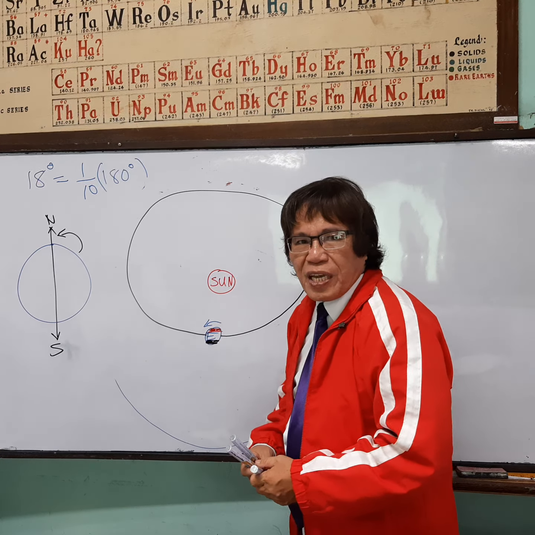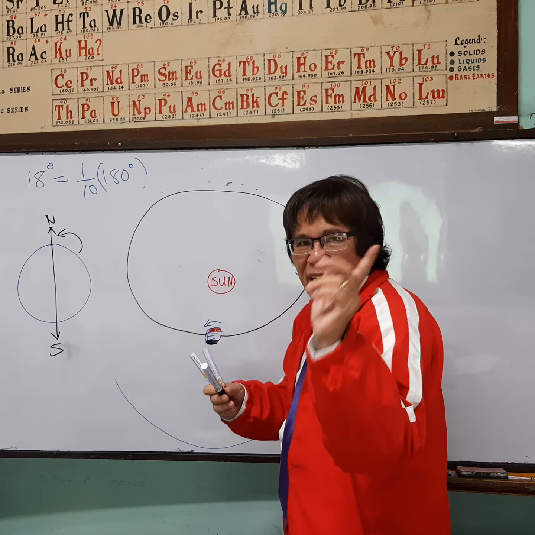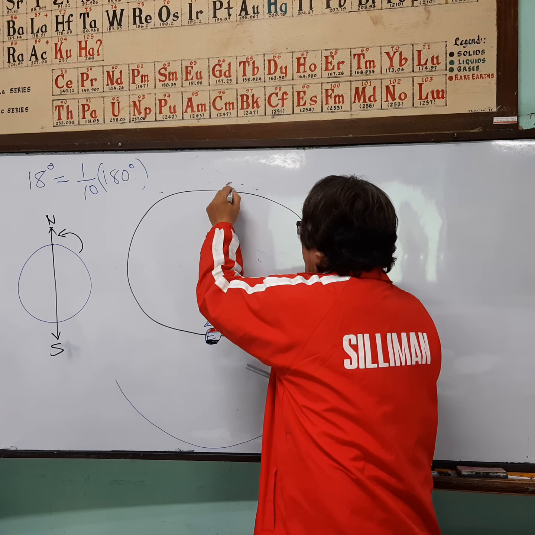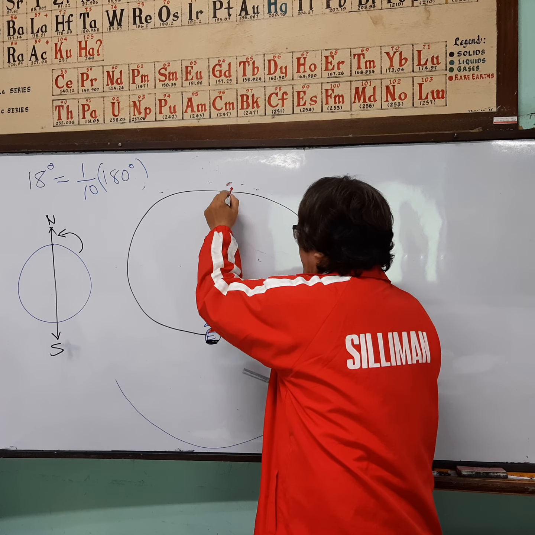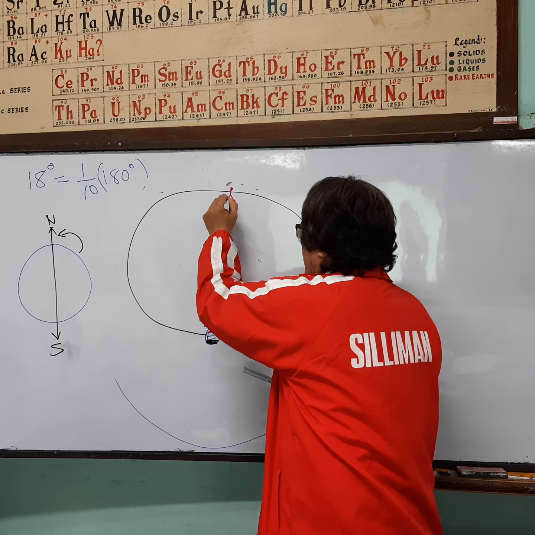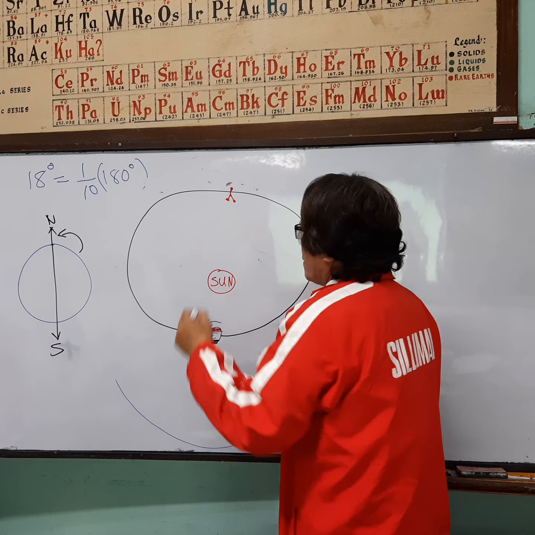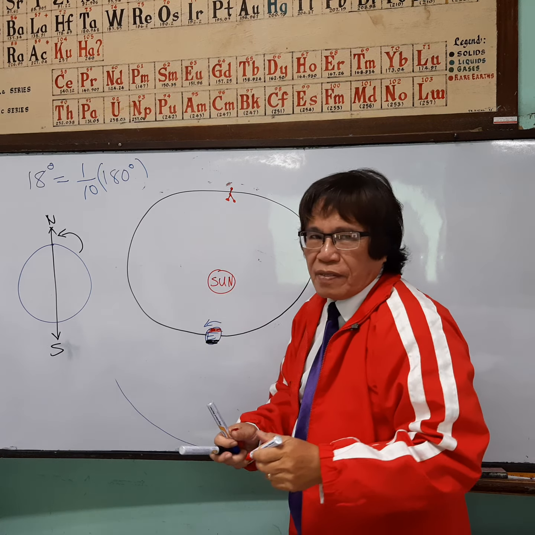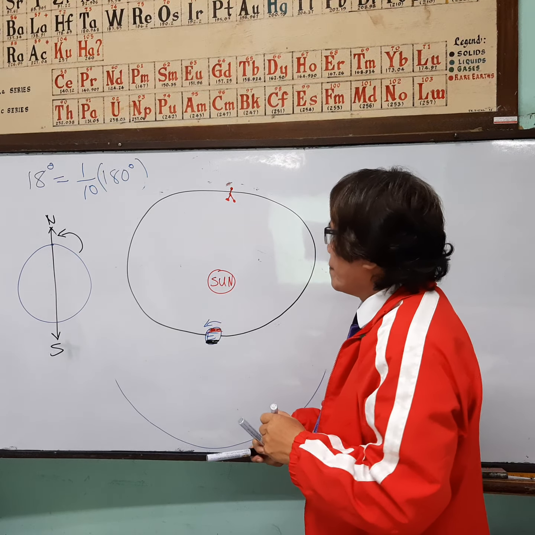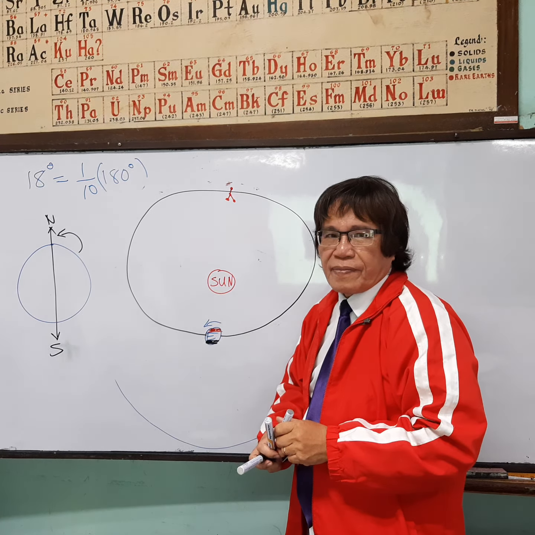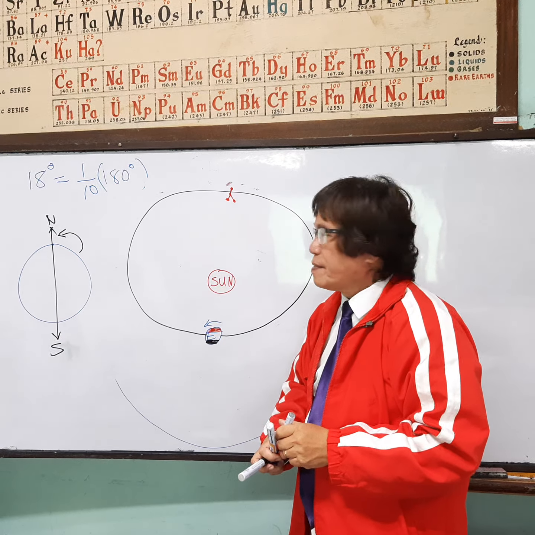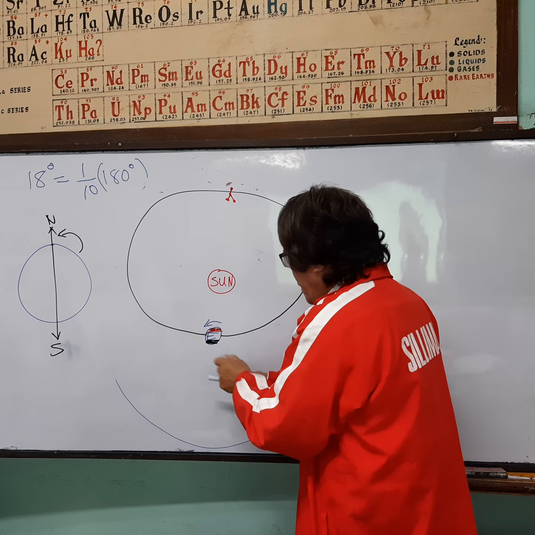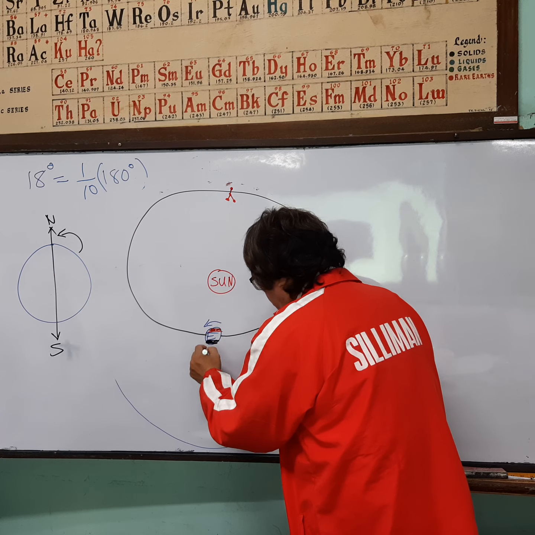Where is Gemini? Constellation Gemini is here. Gemini. It's something like that. There are 3 stars. Actually, there are 4 stars. That is how it looks. Okay? So, this is June.